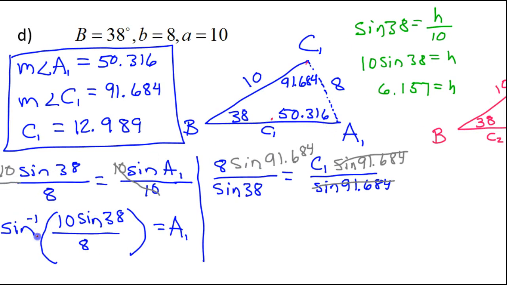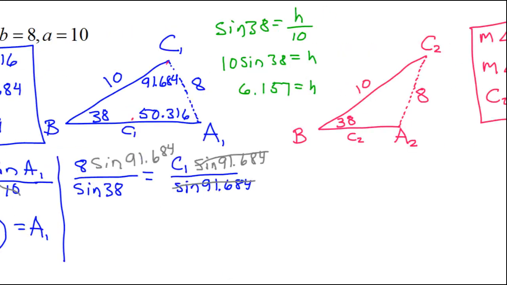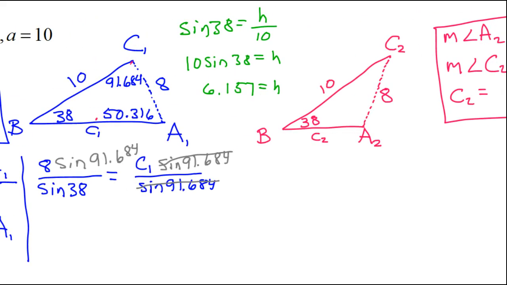We found the acute angle by doing inverse sine, but inverse sine will only give us acute angles. It will not give us obtuse angles. Luckily, we can find the obtuse angle A2 by subtracting the acute angle A1 from 180. In other words, when the swing side forms two triangles, the acute angle and the obtuse angle are always going to be supplementary. So I can find angle A2 by doing 180 minus A1.